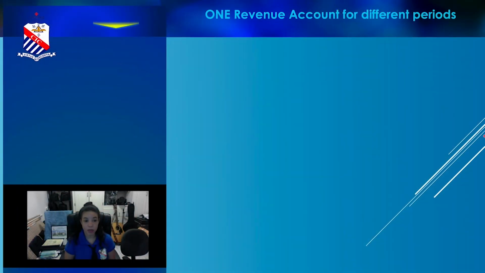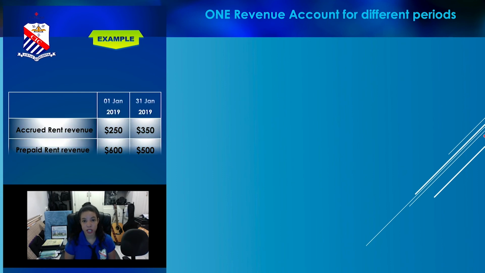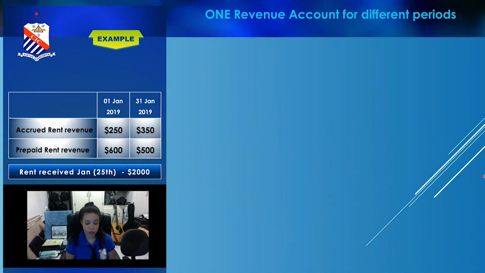So the way to reinforce this would be, of course, through an example, and we're going to use very simple dates. We're going to do it for the month of January, so not difficult at all. Like all formats, you start with the name of the business.